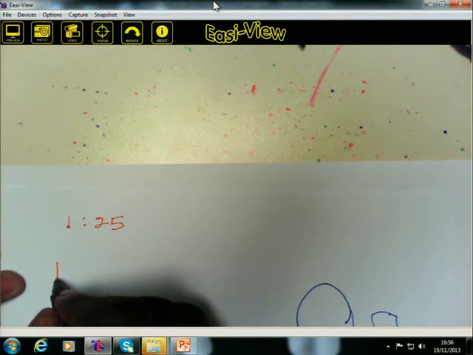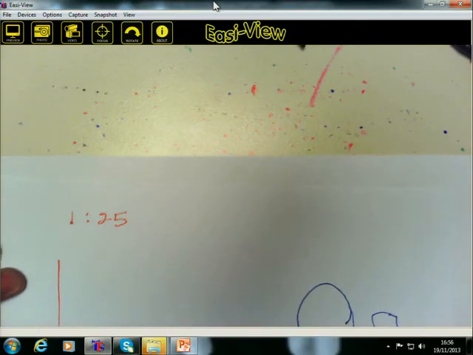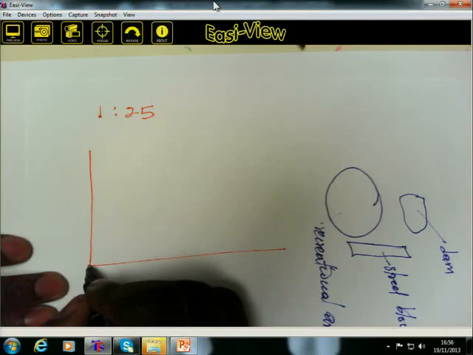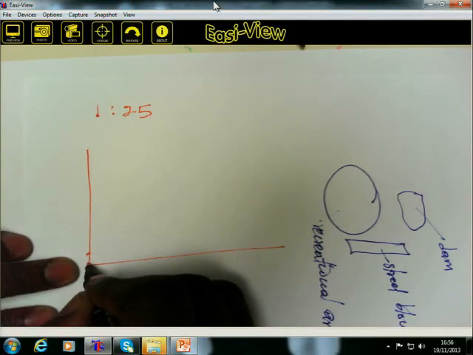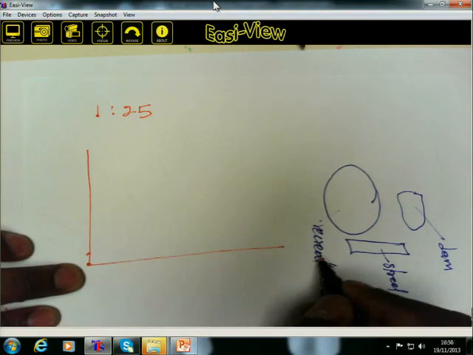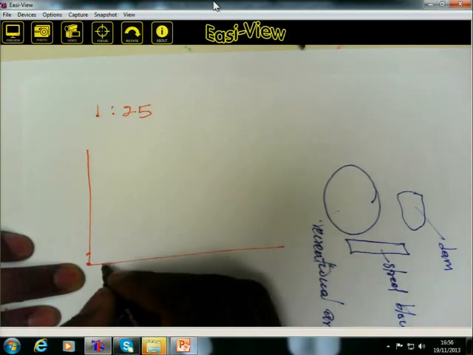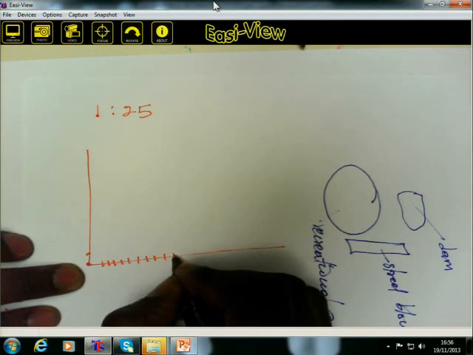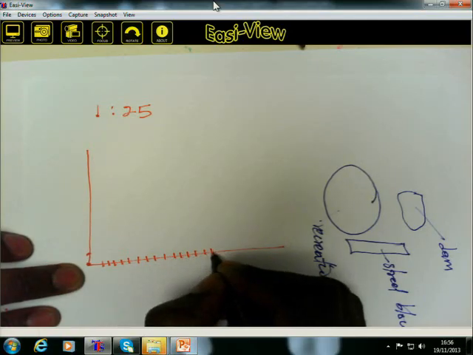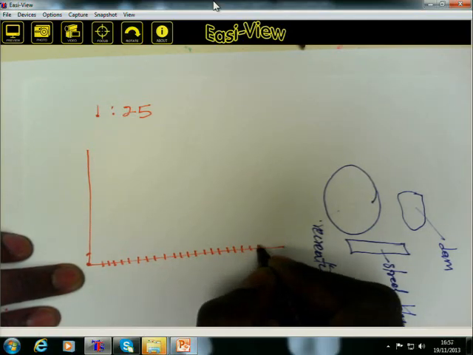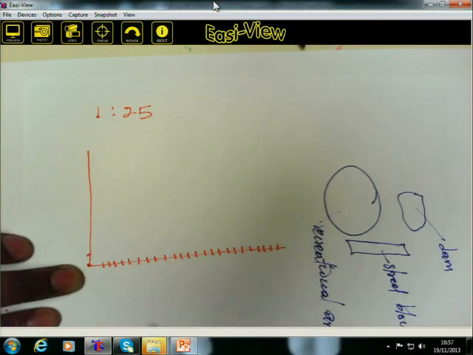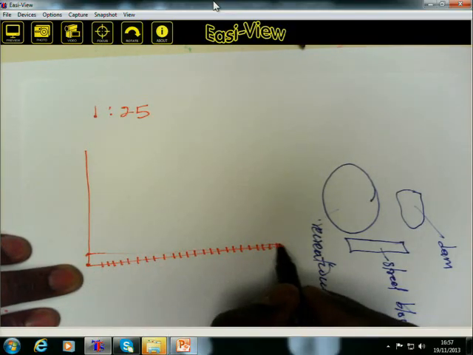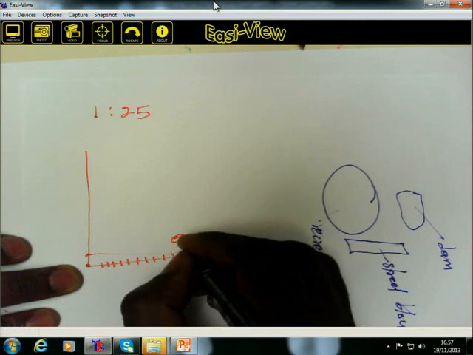We mean one step vertical and how many times horizontal. From here to here it will be one step vertical. 1 is to how many times towards the horizontal side? 25 times. 5, 6, 7, 8, 9, 10, up to 25. Now, from here you move towards the end. Your slope becomes gentle.